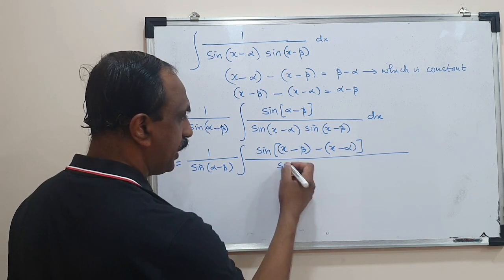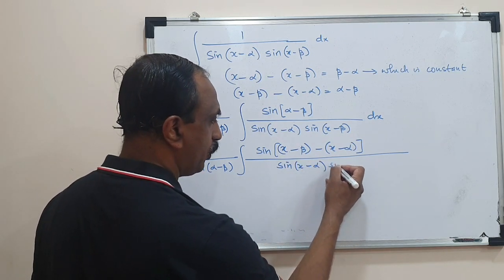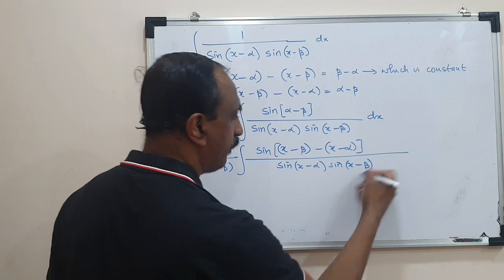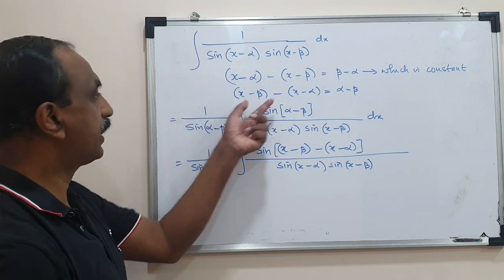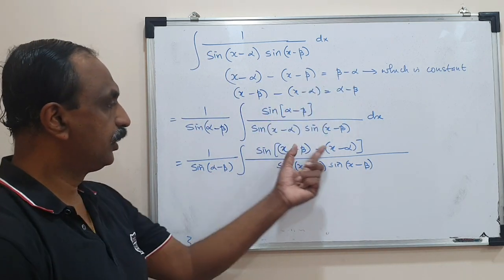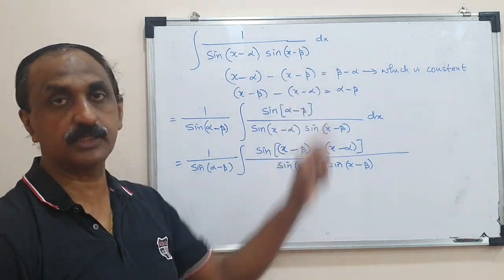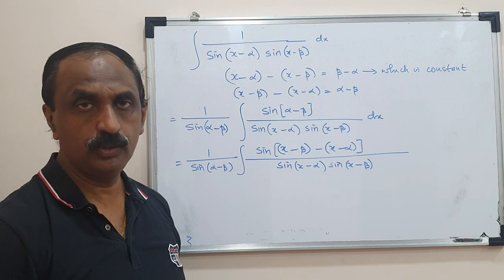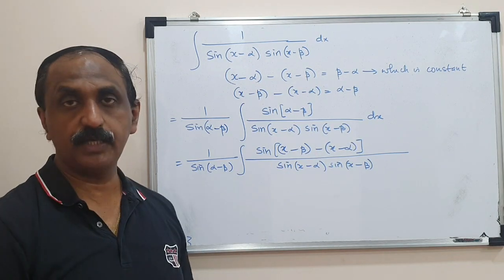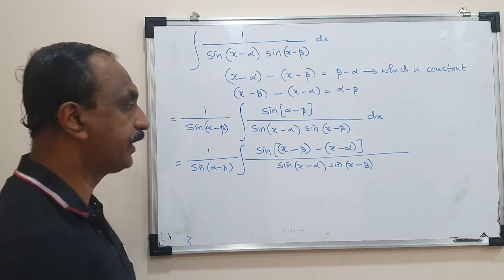You have two options here. One is you can write beta minus alpha, and inside the bracket you write (x minus alpha) minus (x minus beta). We do not know whether alpha is greater or beta is greater, so any way it can be done, no problem.